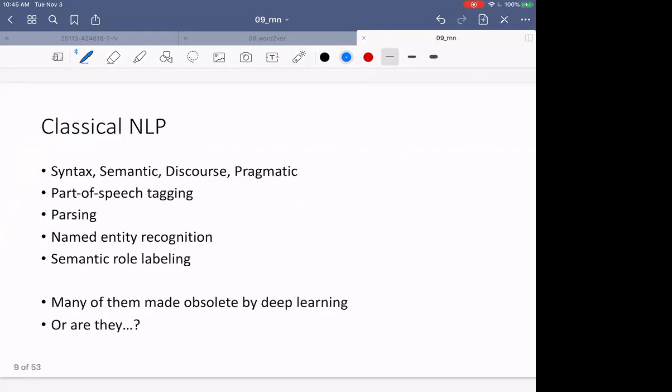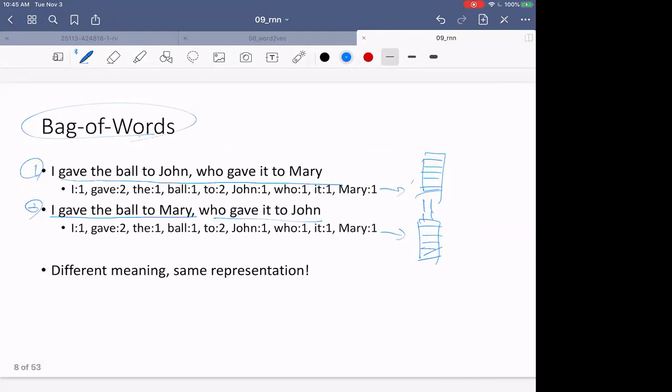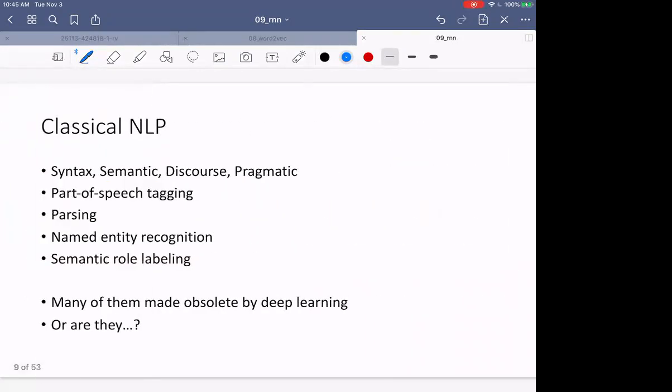All right, moving on. Because of this limitation of the bag of words approach, classical NLP has a lot of techniques and a lot of subfields. There's a hierarchy of what text can convey.